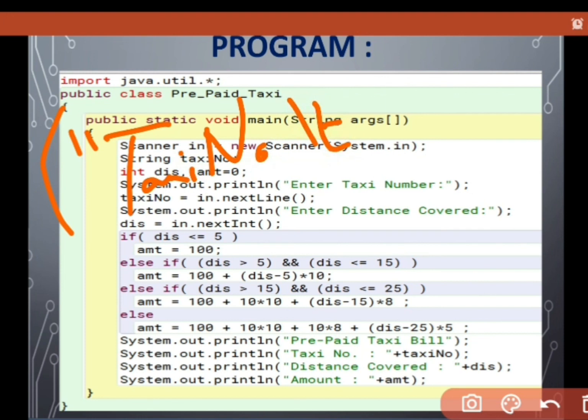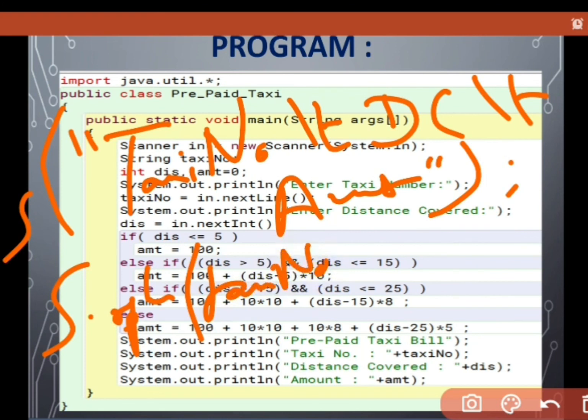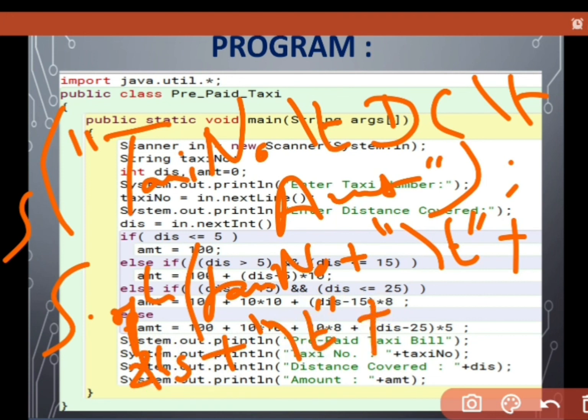backslash t, then distance covered backslash t, then amount in double quotes, and then display the values with System.out.println. And that way the values you have to display: taxi number plus in double quotes backslash t plus distance plus backslash t plus amount.